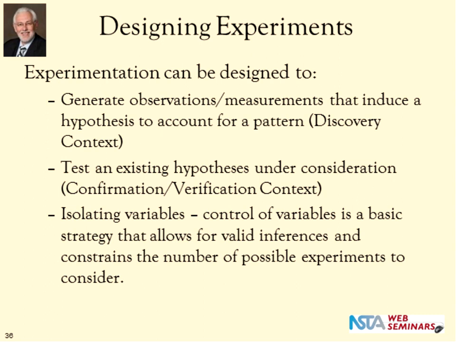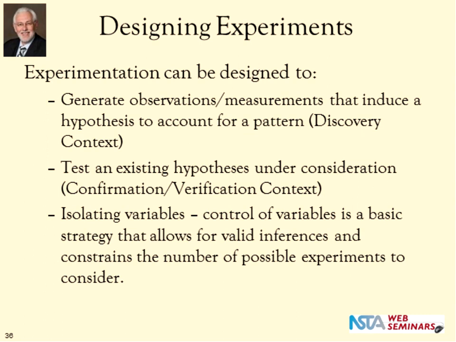And out of that, also to connect to the prior discussion about questions, questions would emerge from that as well, I'm sure. But there are many investigations where we test existing hypotheses, and we're looking for a confirmation or verification context. And this is equally an important kind of planning and carrying out an investigation in science. And then the third one, which is very important for scientists, ascertaining what the cause and effect relationships may be in a science context, is to work with the idea of isolating variables or having control of variables as a strategy for valid inferences.